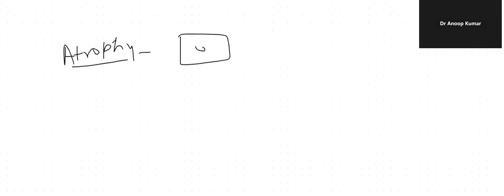Now, the next one is atrophy. Atrophy means shrinkage of the cells. So what is atrophy? This is your normal cell, right? When this normal cell shrinks, that is atrophy. So in atrophy, should FOXO be activated or inhibited? Is FOXO a negative regulator or positive regulator of atrophy?